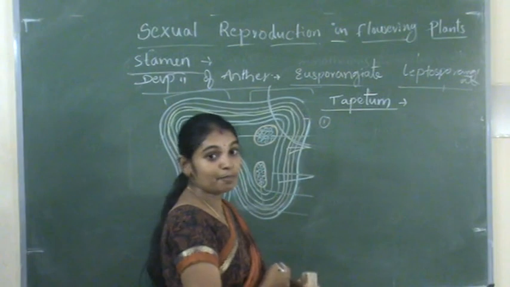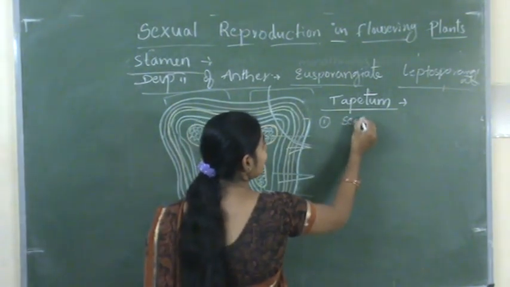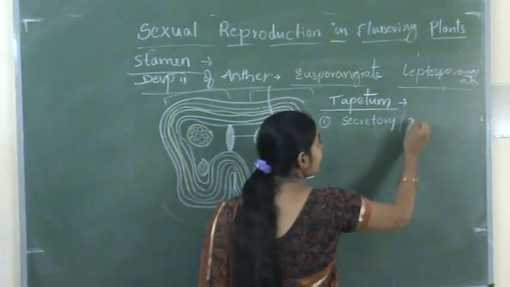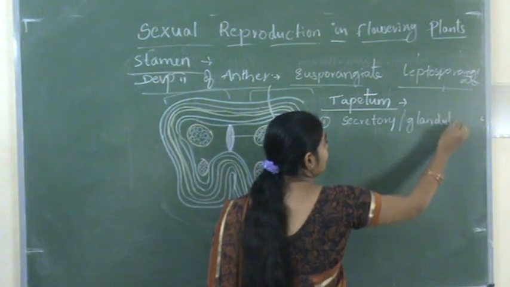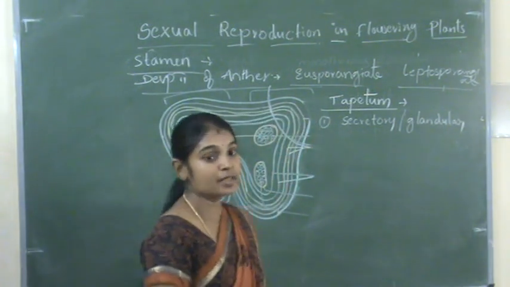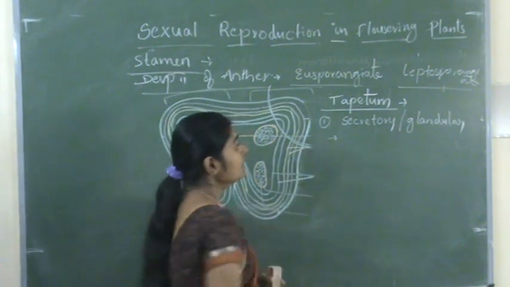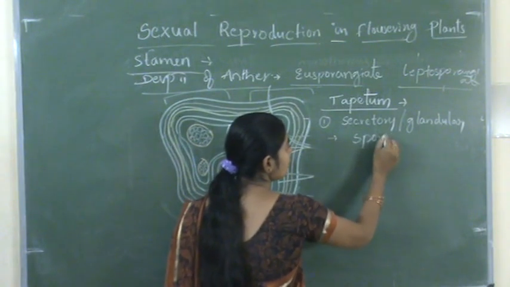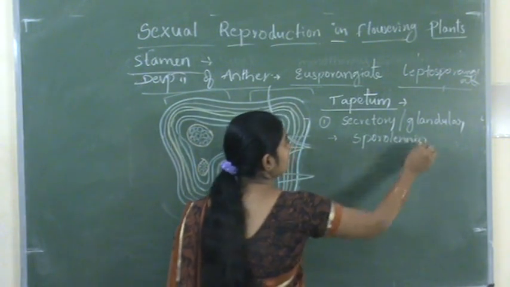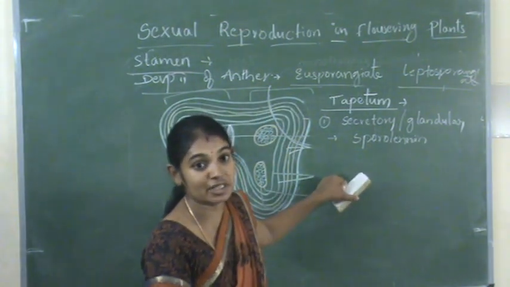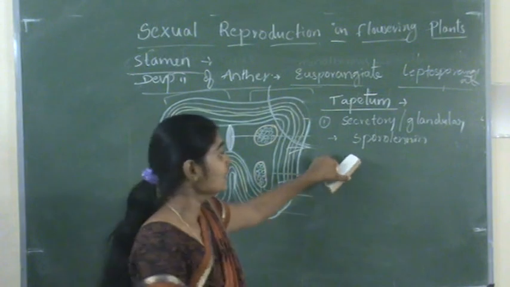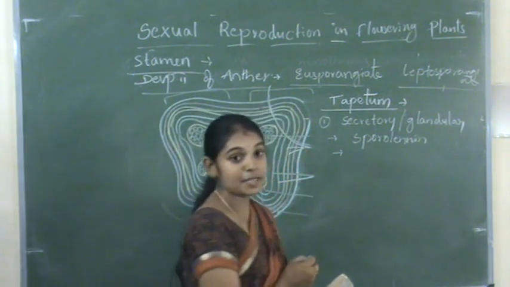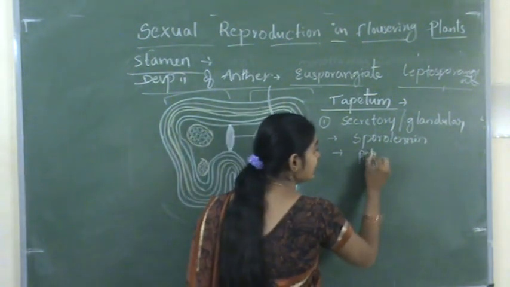The first type of cells or layer is the secretory or glandular layer. This secretory or glandular layer secretes sporopollenin. It is a substance present in the pollen grains, secreted by the tapetal layer, and it also helps in the secretion of pollen kit.